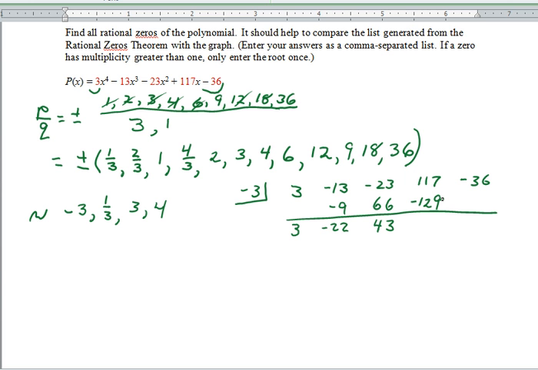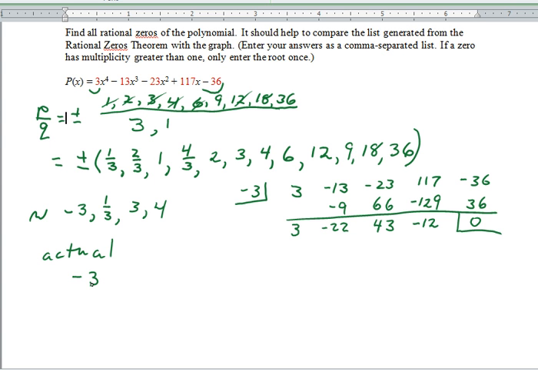When we add positive 117, we get -12. -12 times -3 is positive 36. And we see that we do get 0 as the remainder. So the actual rational zeros, as we form a list, -3 will be one of those.